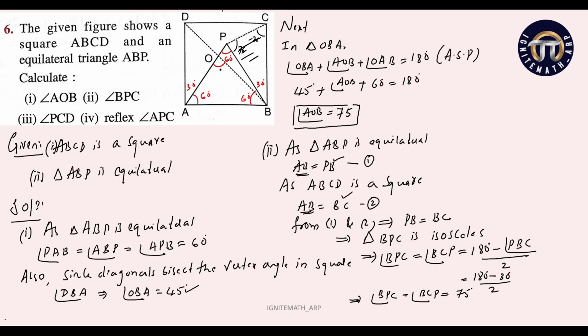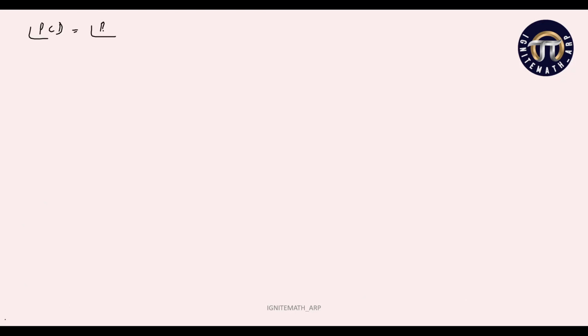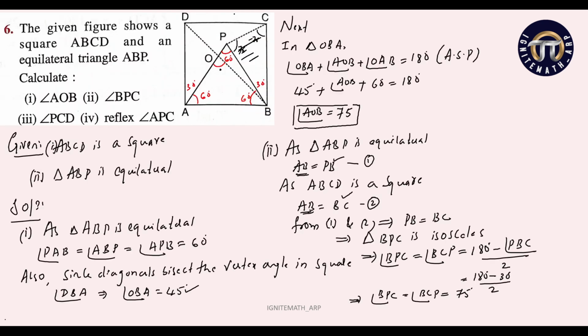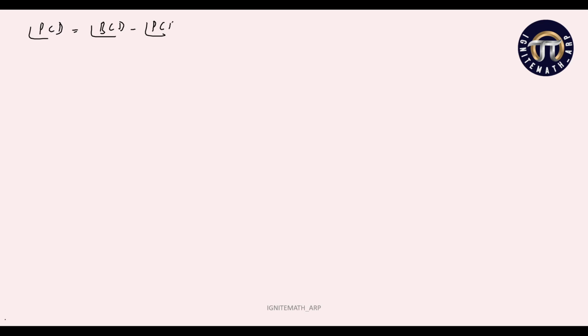So now I can say that angle PCD is equal to angle BCD minus angle PCB. So that is 90 degrees minus 75 degrees, that is equal to 15. So I got PCD equal to 15.